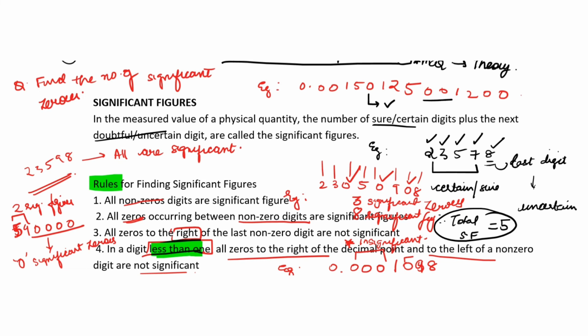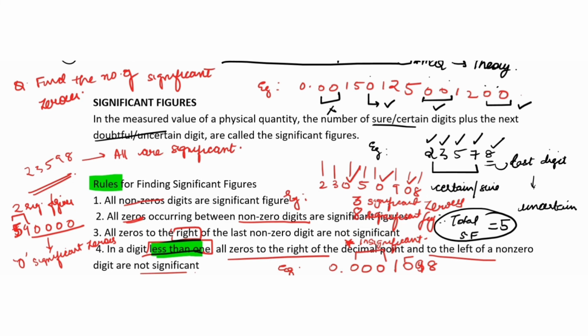So it is significant. Similarly, the zeros between 5 and 1 are also significant. And the last zeros are also significant. That is our fifth point, I'll tell you. For now, know that the last two zeros are also significant. And the first zeros, because they are just to the right of the decimal point, are insignificant. So tell me, how many significant zeros are there?